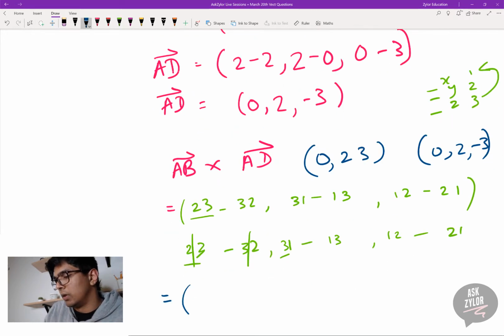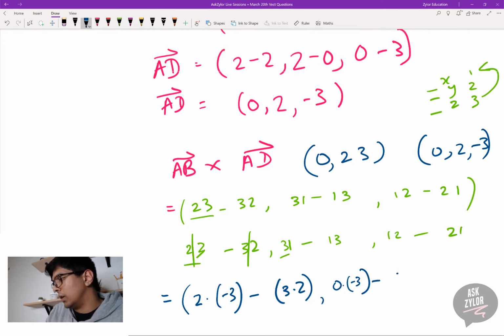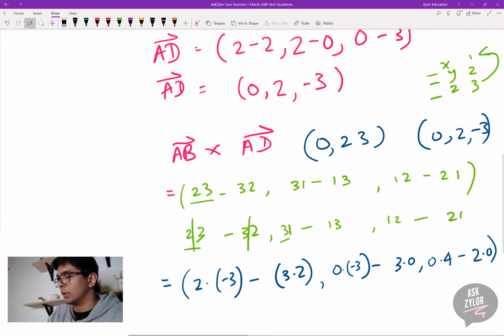I have 2 times negative 3 minus 3 times 2. That's my x. My y is going to be 0 times negative 3 minus 3 times 0. Then I have 0 times 2 minus 2 times 0.